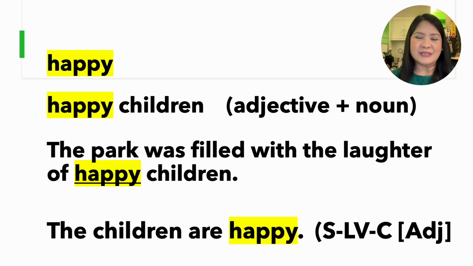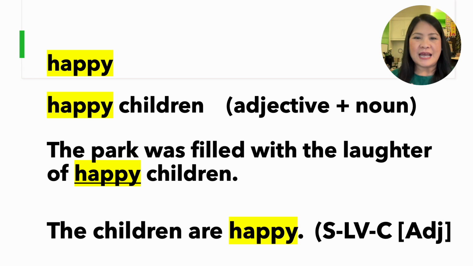Another is this sentence: the children are happy. Notice the statement pattern, S-LV-C, or adjective. We have the subject, the children, the linking verb are, and the adjective happy. Happy describes the children. So it is similar to the concept we presented earlier, adjective plus noun.